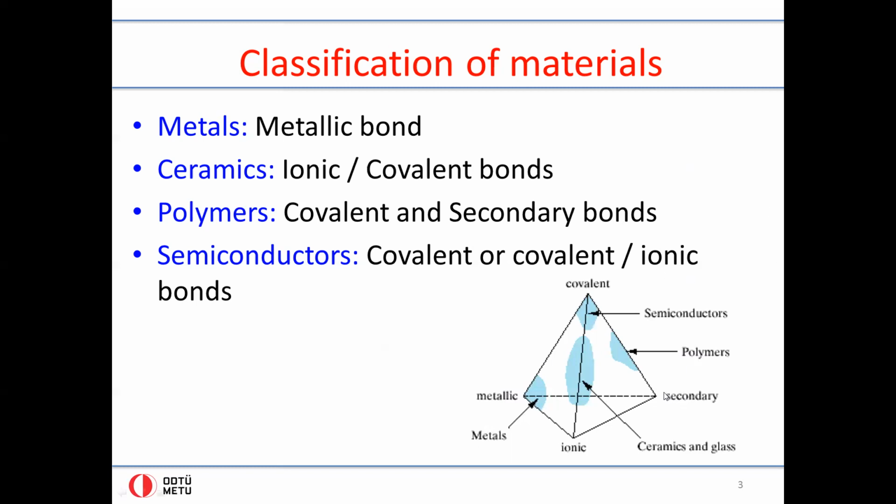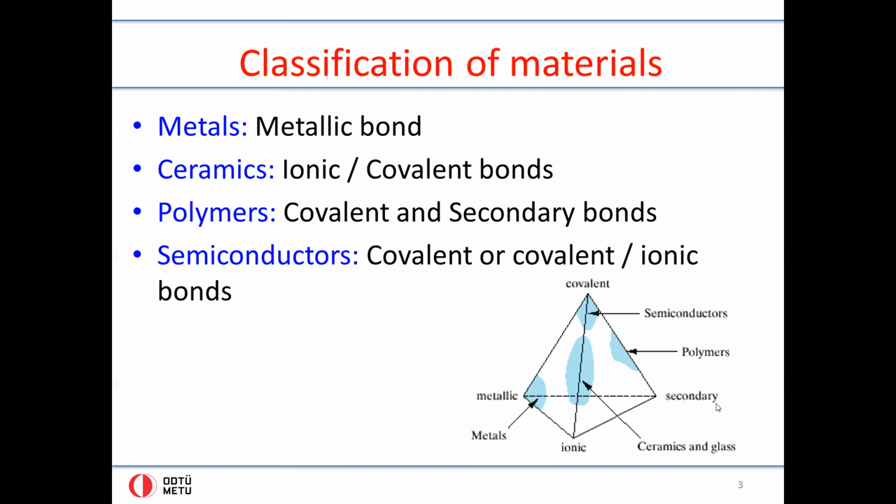So materials that are metals have the metallic bond. Ceramics have ionic and covalent bonds. So they tend to fall in between the two extremes, but they don't have any metallic bonds, hence they won't have the properties that metallic bonds provide. Polymers have covalent or secondary bonds.